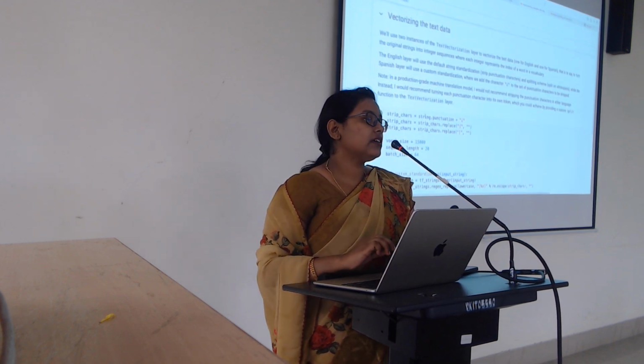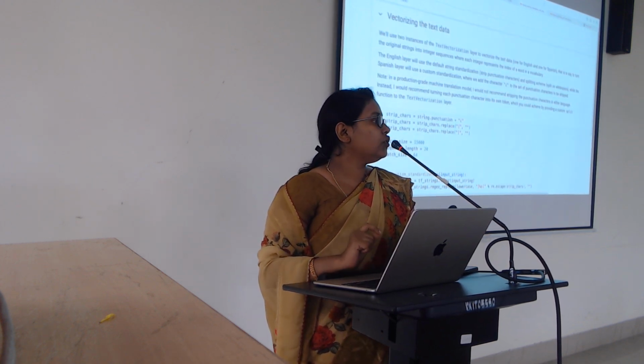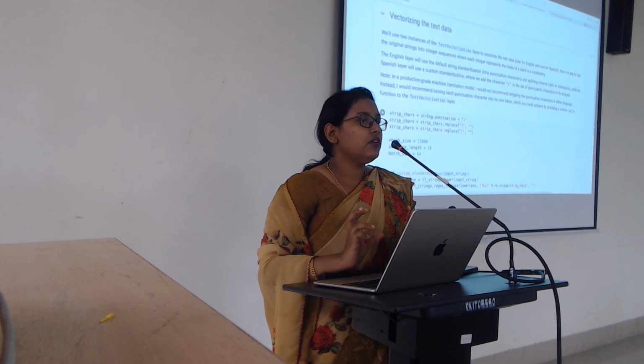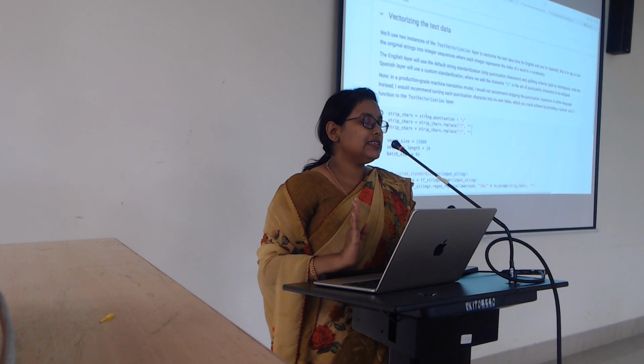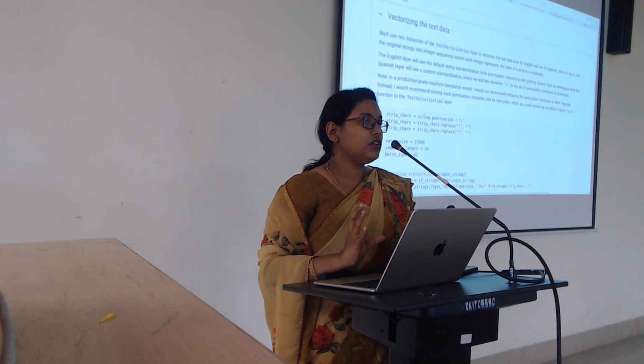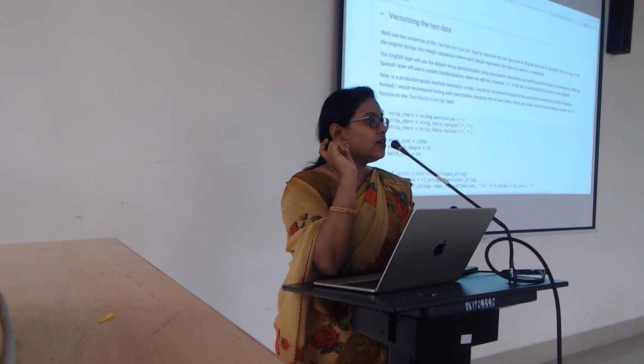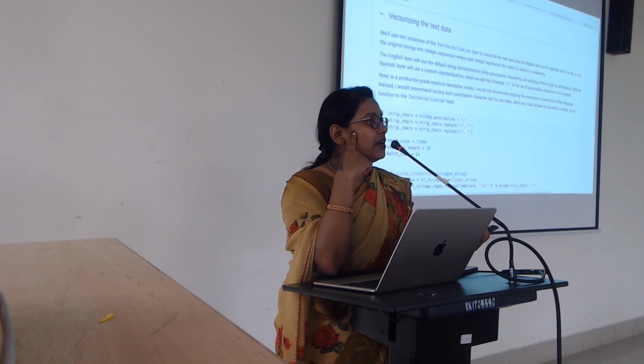Vectorizing the data. What do you mean by vectorizing the data? It is assigning numerical values to whatever words you are taking. Basically, for any kind of neural machine translation, even the Kagunita, you know what Kagunita is in Kannada?